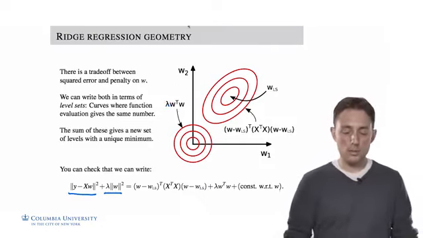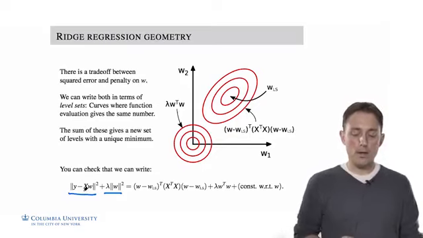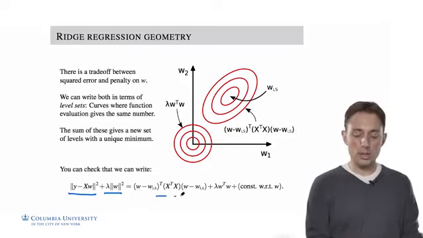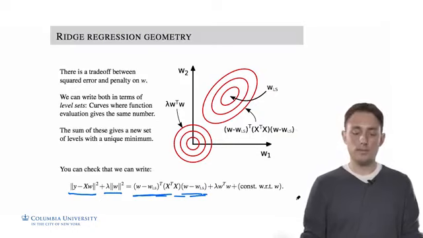Similarly, what we can show, and I'm not going to derive it here, is that we can write the sum of squared errors term as being equal to this term, which we note involves w, plus some term that does not involve w.